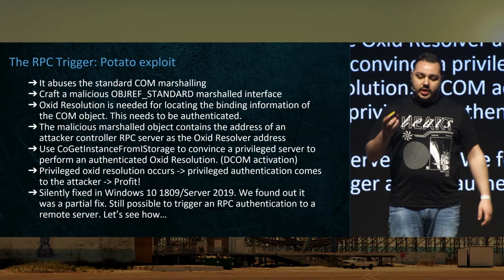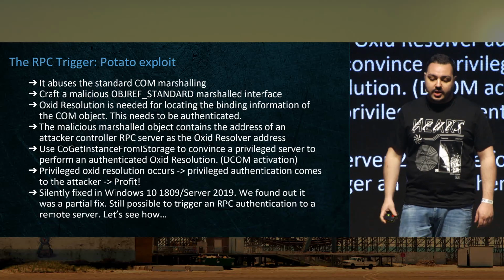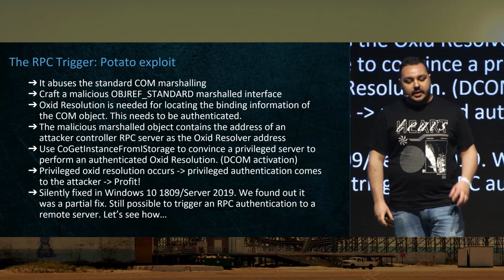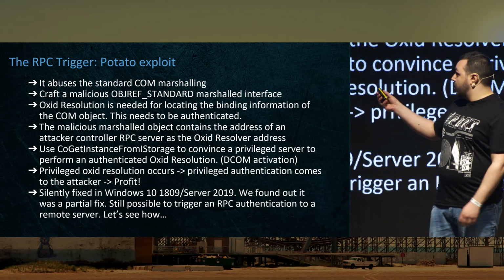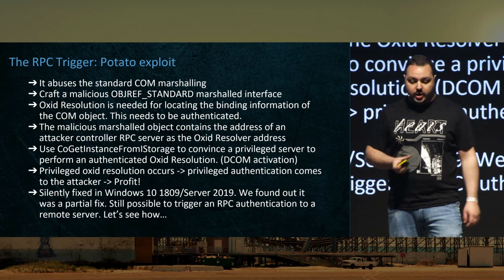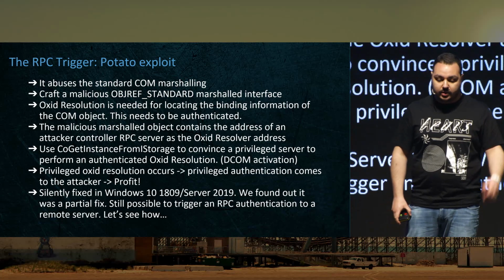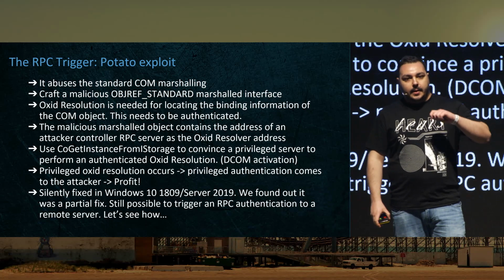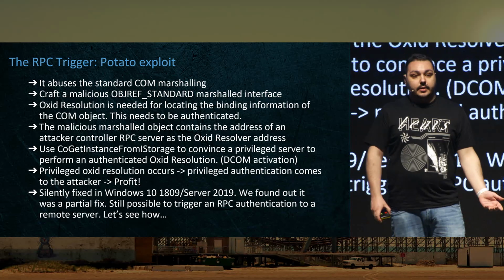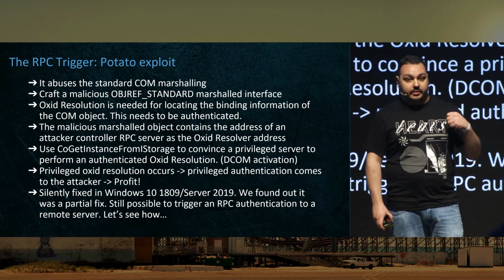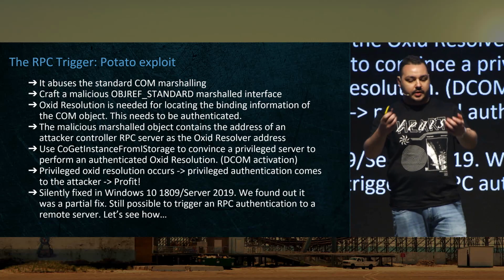We achieve this by leveraging the DCOM activation, which can be triggered through this call, CoGetInstanceFromStorage, in which we can pass this raw string byte, the marshaled interface, in a storage object. The server will perform the privileged OXID resolution, and the authentication will come to the attacker. Of course, you can steal this authentication and achieve privilege escalation.